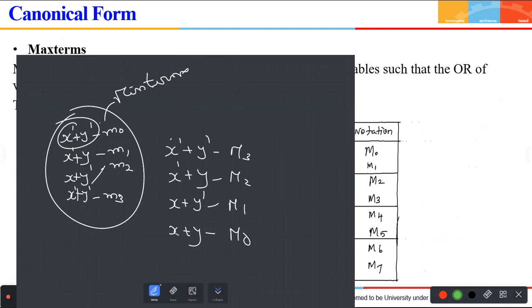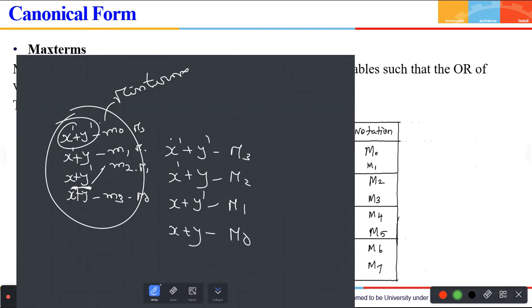But when you put this as min terms, this will be m0, this will be xyz, m0, m1, m2, m3. Understood about min term and max term, okay?